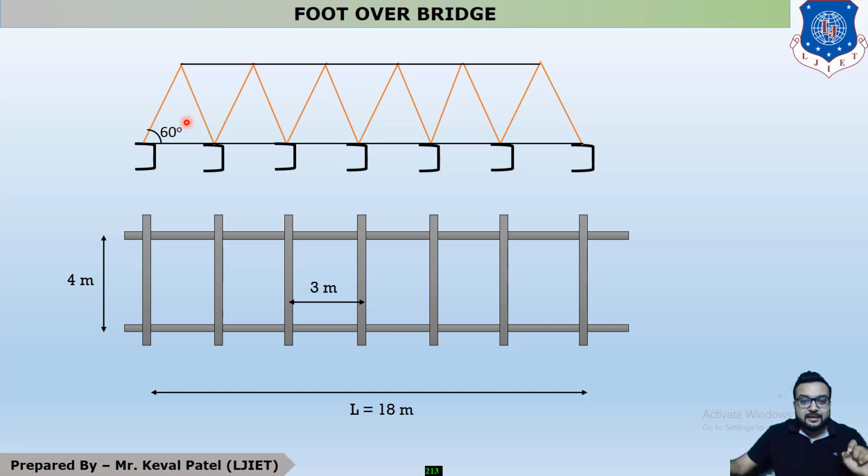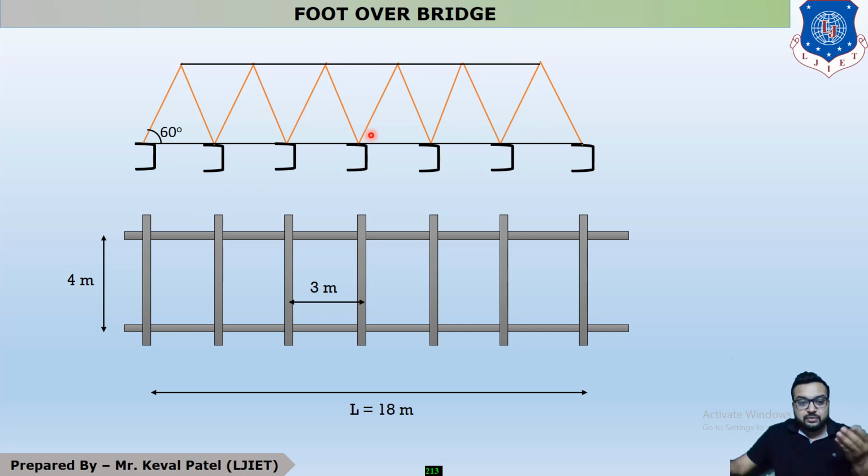If one angle is 60 degree, then the other two angles are assumed to be the same. So this triangle is an equilateral triangle, which means all the angles in this truss are 60 degrees. So this is your truss arrangement from the side view.